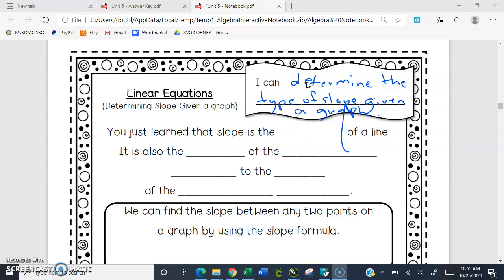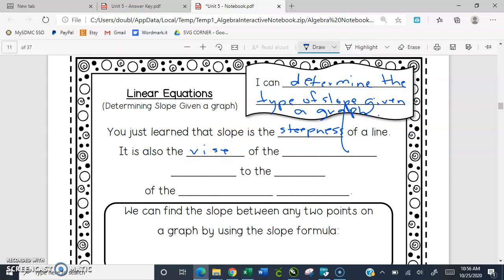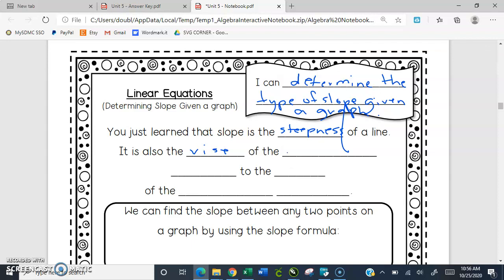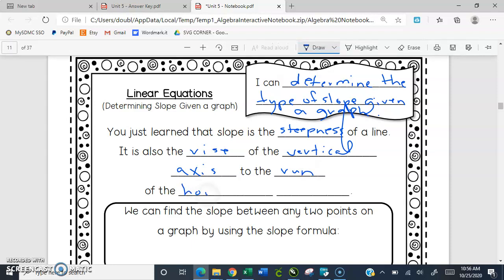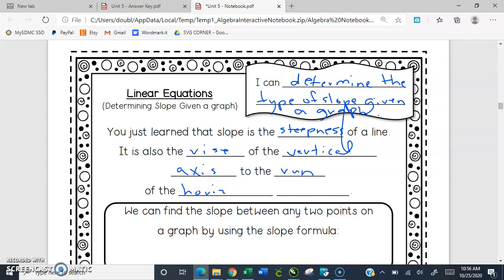So I just told you that the slope is the steepness of a line. It is also the rise, R-I-S-E, of the vertical axis to the run of the horizontal axis.